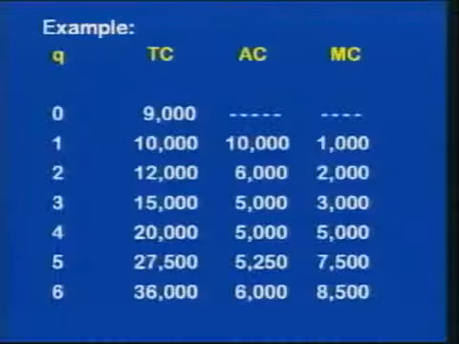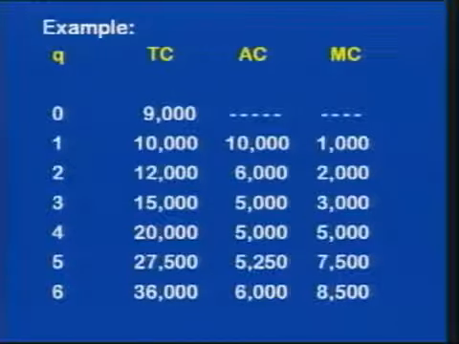Maybe it's easier to use these numbers. Forget about the average cost, the marginal cost always comes from the total cost. If you produce 0, everything's 0. You don't calculate marginal cost.